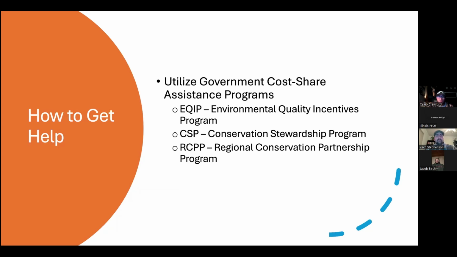Then the CSP program is kind of the maintain and enhance program. Let's say you've already got your forestry plan implemented through EQIP and you're looking to maybe do some tree planting or do a little pollinator patch or continue using prescribed fire, that's where that CSP program is really going to come in handy.